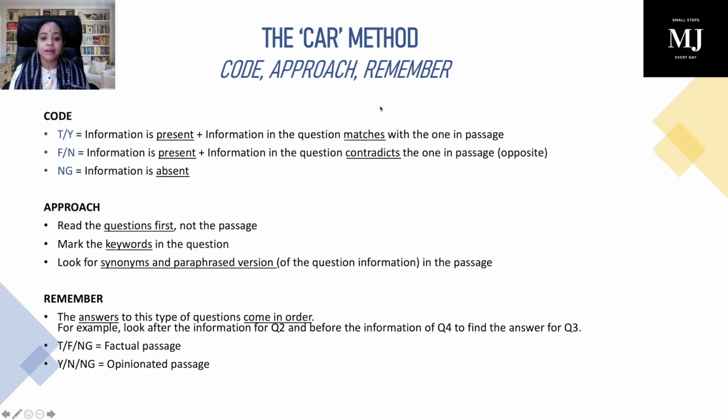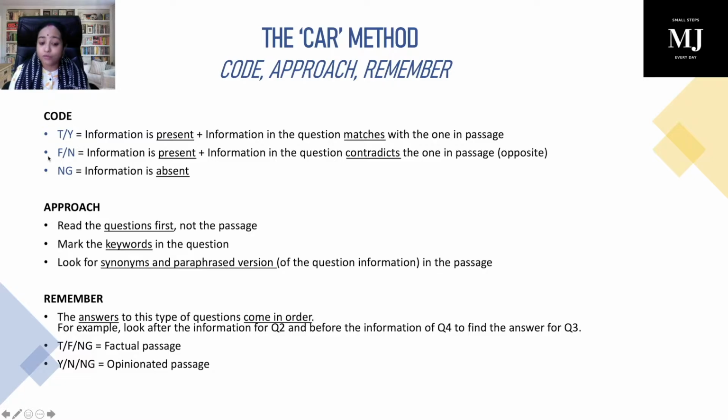But is it in the same way or different? If it is true or yes, the same information will be present, so the information in the question matches the one in the passage. It might not have the same words. It might be paraphrased, written in some other way, but the same information will be present and it's going to match.